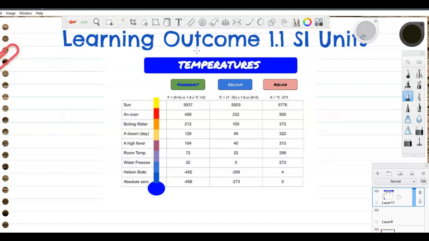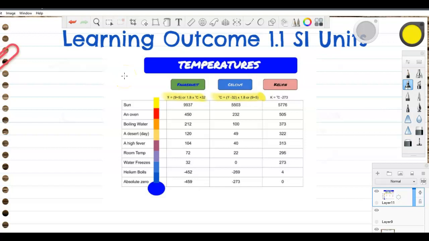I didn't even know until recently that helium boiled, but there you go. And then you have absolute zero. These parts here I would take note of. These bits here are handy to know.